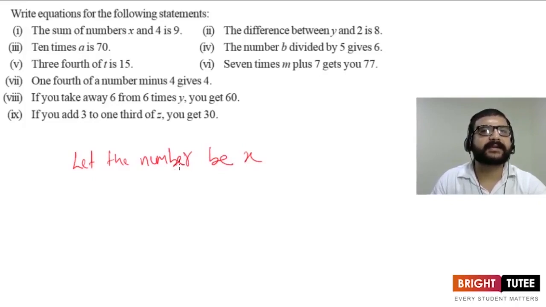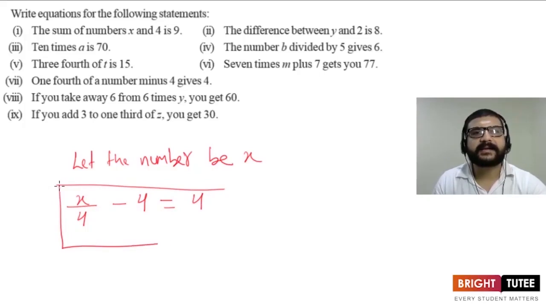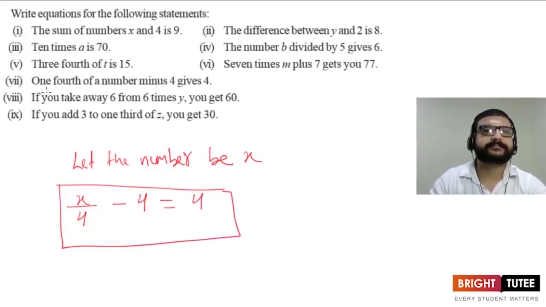Now if the number is x, what is given here? 1/4 of a number, that is 1/4 of x, which will be x upon 4 minus 4 gives us 4. So this will be equal to 4. So the equation becomes x upon 4 minus 4 is equal to 4. This is the equation representing the given statement here.